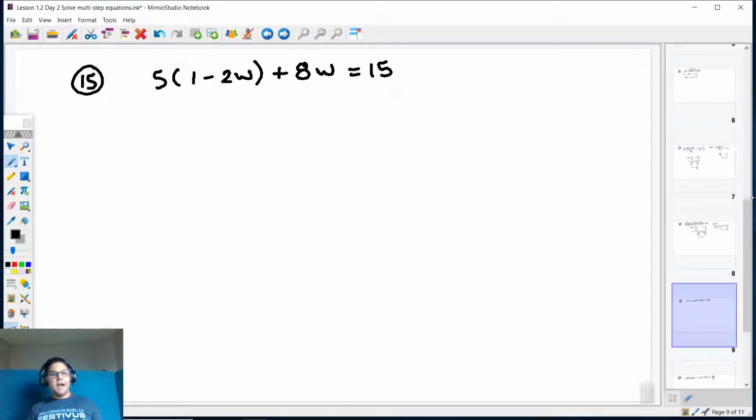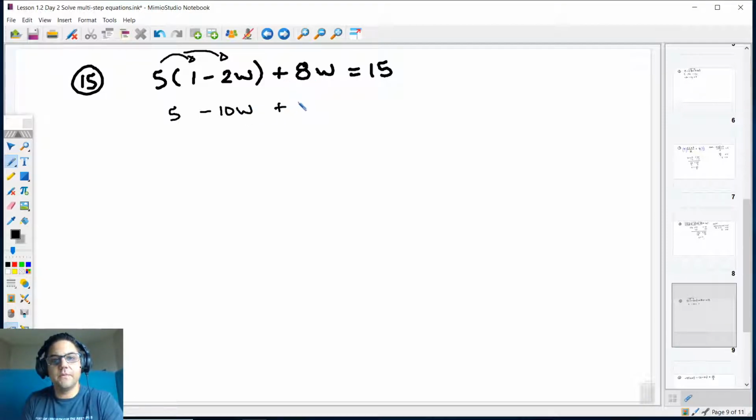So on this one here, I'm going to have to do pretty much all of the work. Distributive property, combine like terms, and then solve my equation. So let's see here, one step at a time. 5 times 1, 5. 5 times negative 2w, negative 10w.